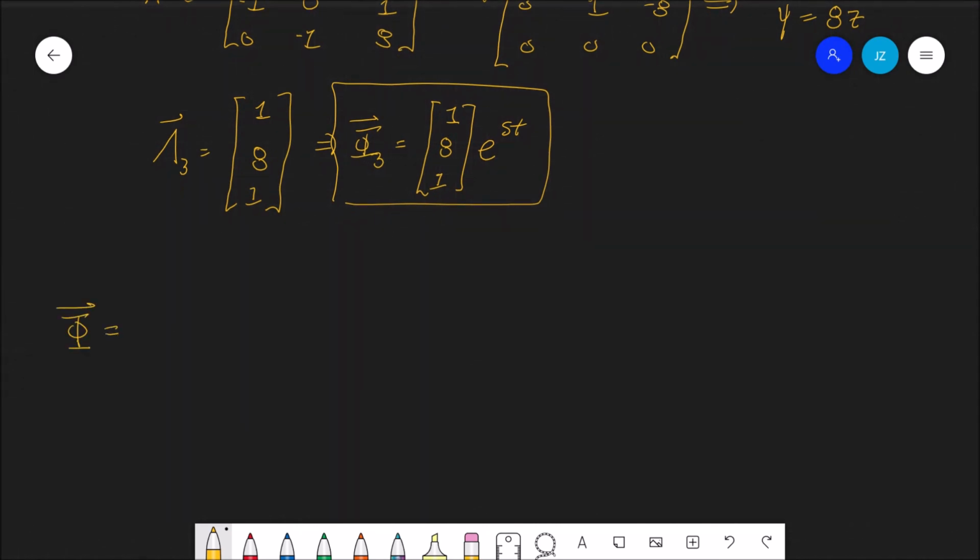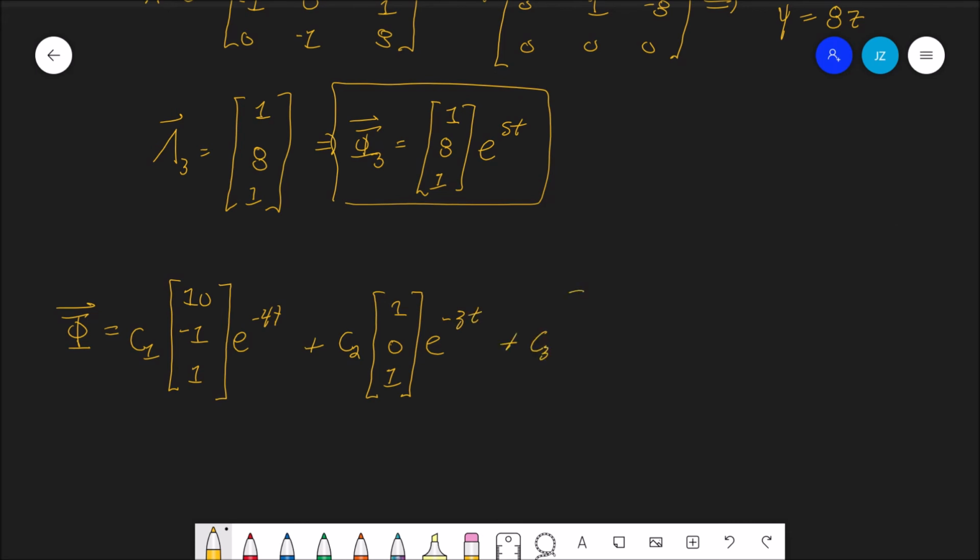So our general solution will be C1 times 10, negative 1, 1, e to the negative 4t, plus C2 times 1, 0, 1, e to the negative 3t, plus C3 times 1, 8, 1, e to the 5t.